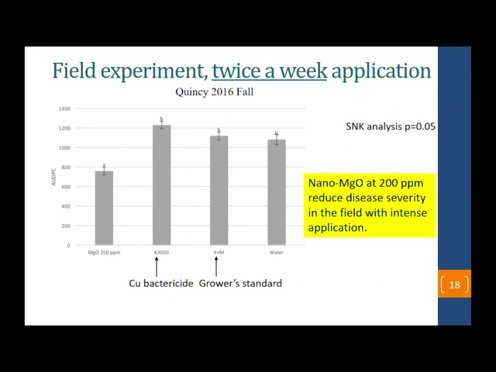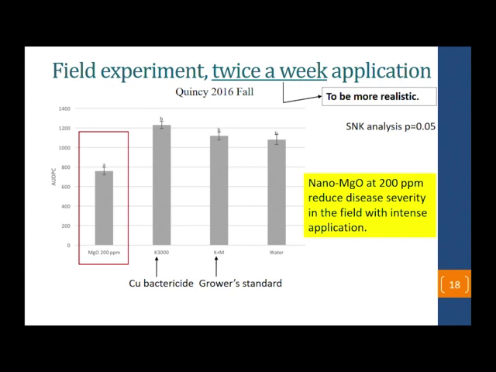But we see over here, we compare the magnesium oxide nanomaterials with COSI 3000, grower standard copper mancozeb, and the untreated. And in the intense application field trial, still only the magnesium oxide nanoparticles significantly reduce disease severity in the field.